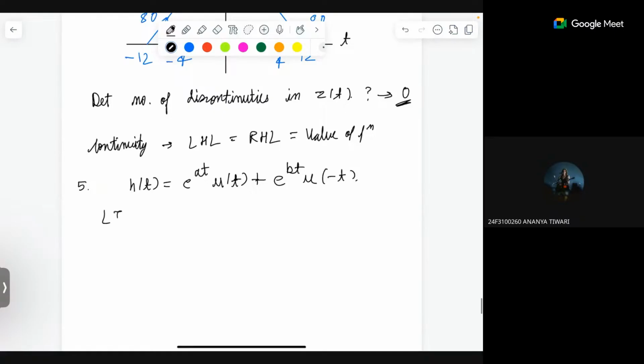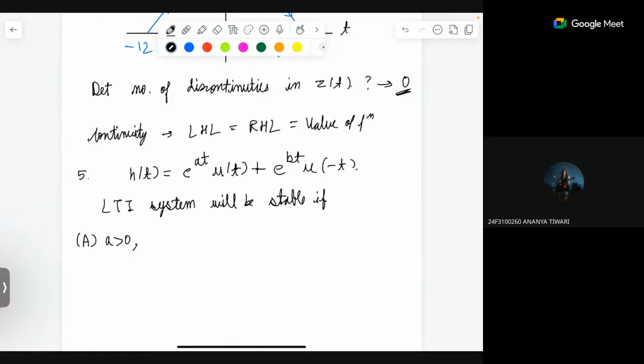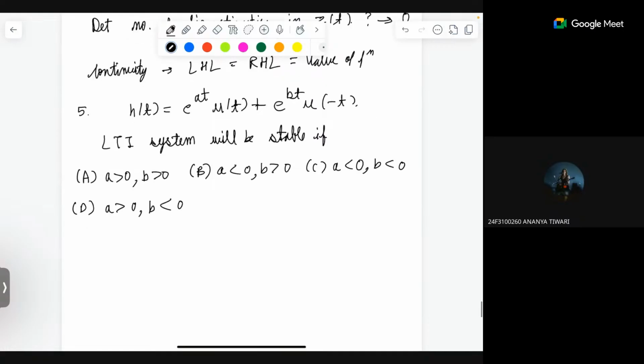The question is: the LTI system will be stable if, and you have been given 4 options: a greater than 0, b greater than 0; a less than 0, b greater than 0; a less than 0, b less than 0; and option D. So there are these 4 options. You have to tell me which of them is true.